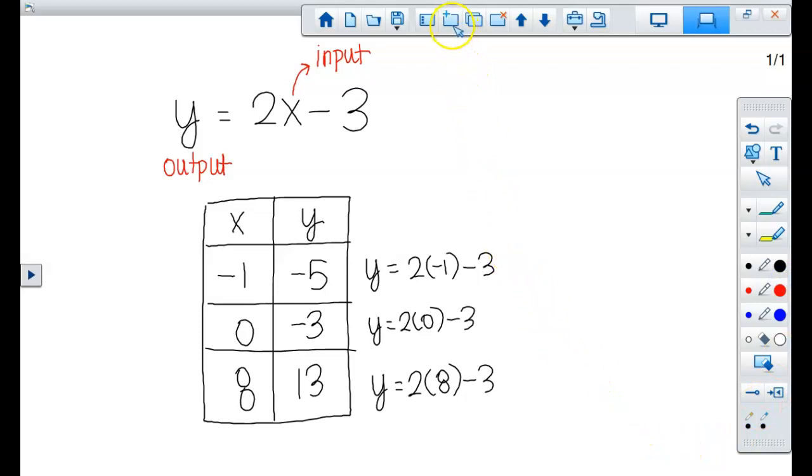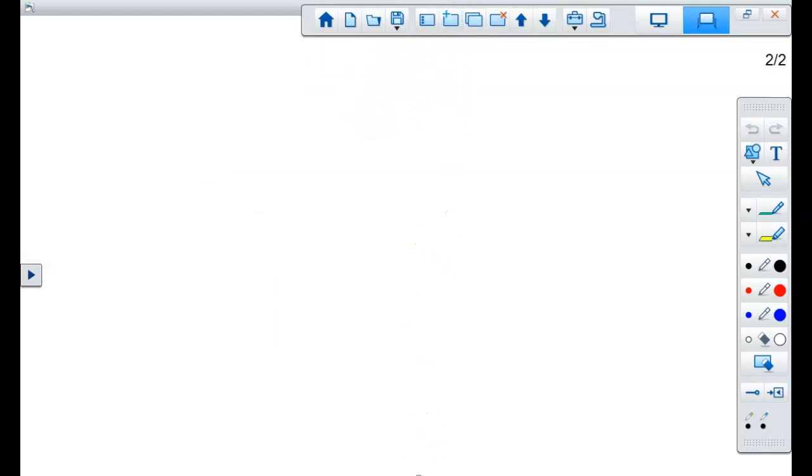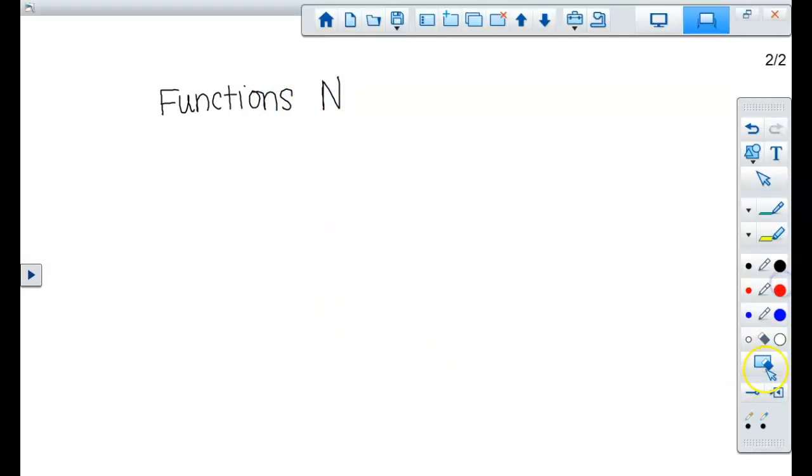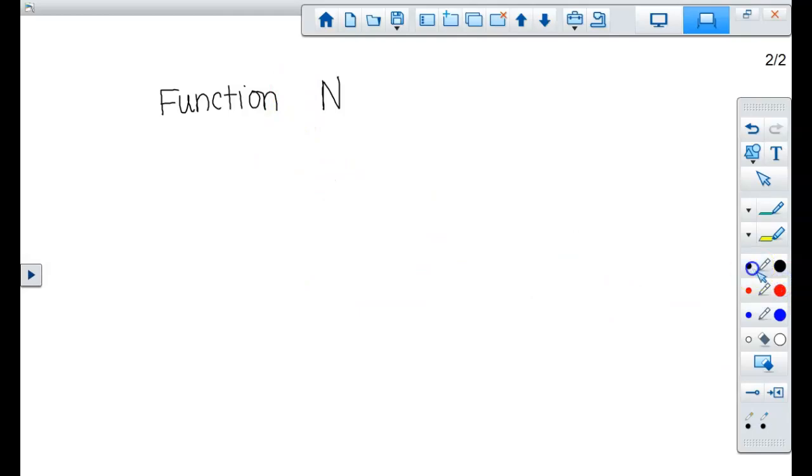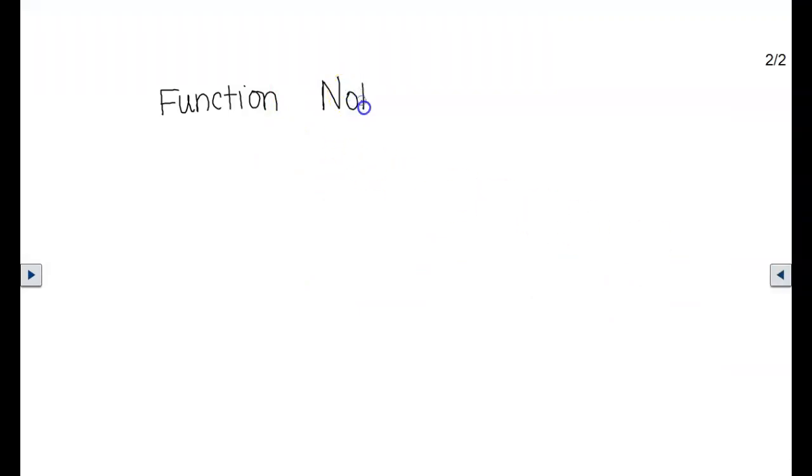Now, we are going to take this idea of equations one step further today by talking about something that's called function notation. So equations that represent functions are often written, that doesn't have an S on it, are often written in something called function notation.